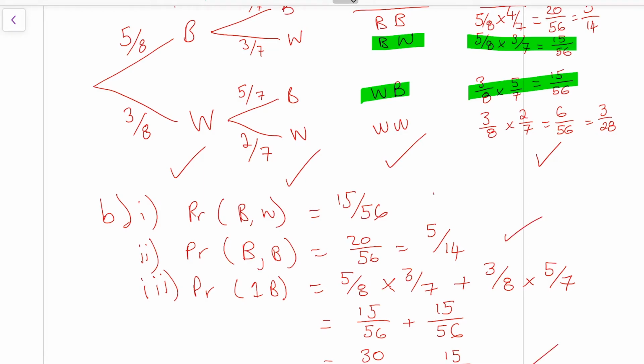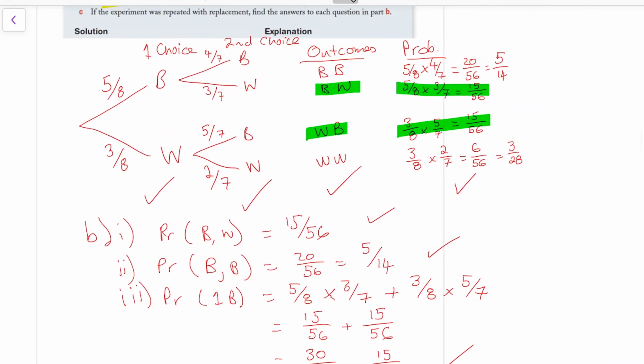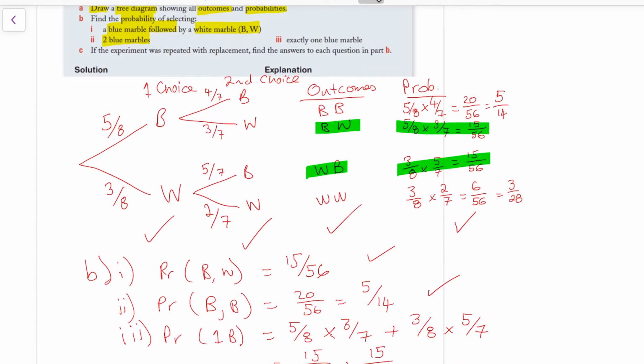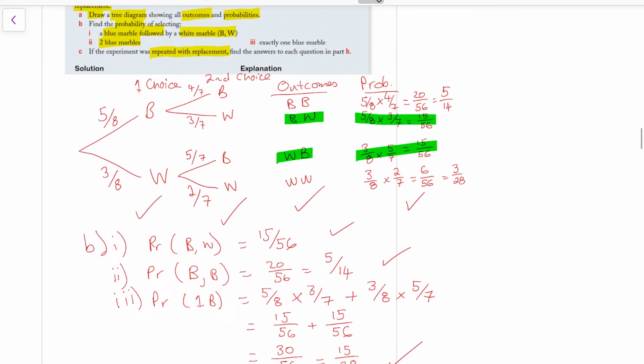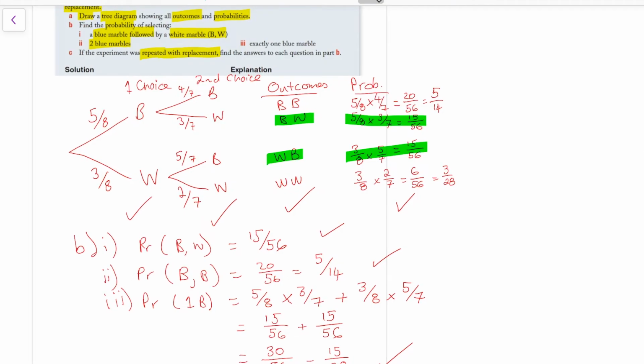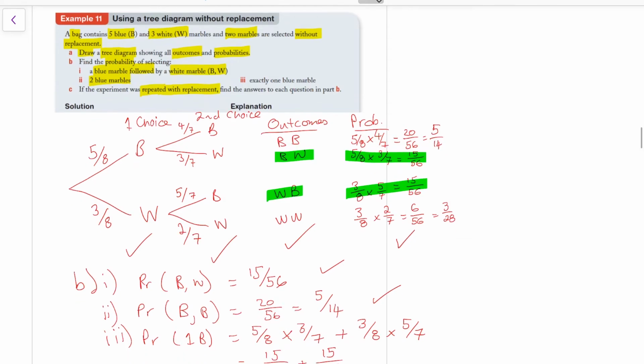Now I can see that for question C, they've asked us to repeat the experiment, but now do it with replacement. So that means now you're not taking a marble out. I'm more than happy, because the harder one is the without replacement part.